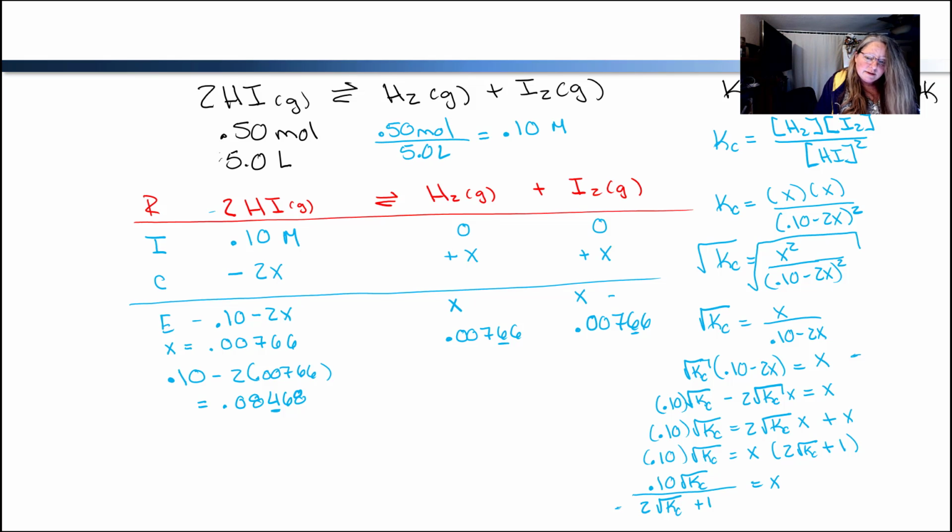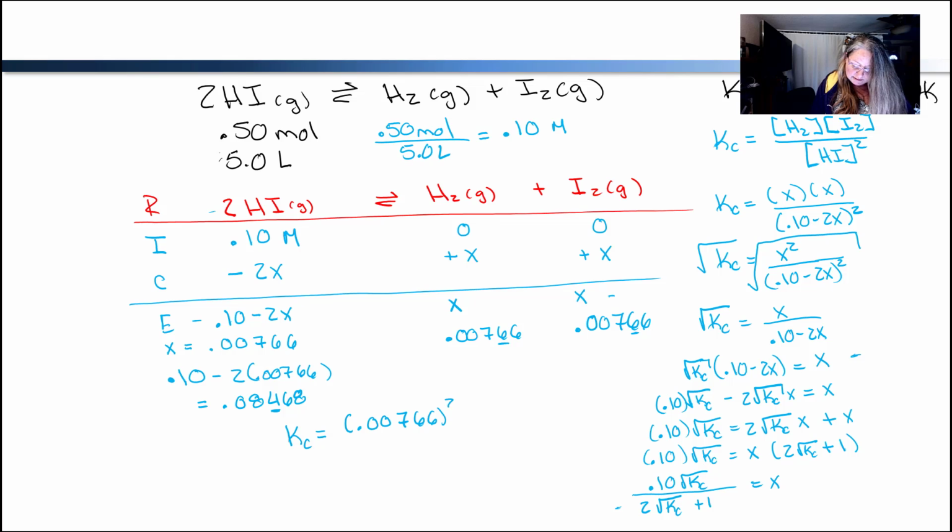And finally, the double check that I can do, that this math was done correctly. The small number is what made me a little bit suspicious that maybe I'd button pushed something wrong. Is that we can put this back in. And if I put it back in, I had better get the original Kc that I was given.